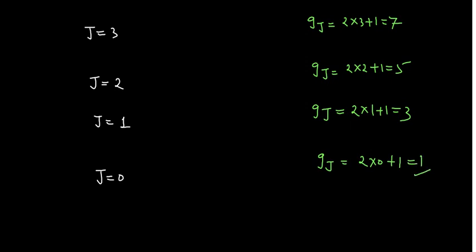So if you have 7-fold degeneracy, that means you will have 7 different states. This is 7-fold, this is 5-fold, this is 3-fold, and this is the non-degenerate system. So this is how you can solve the problems.